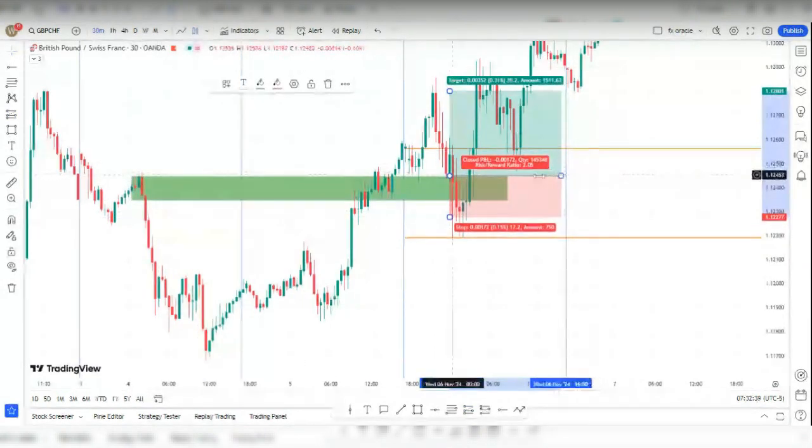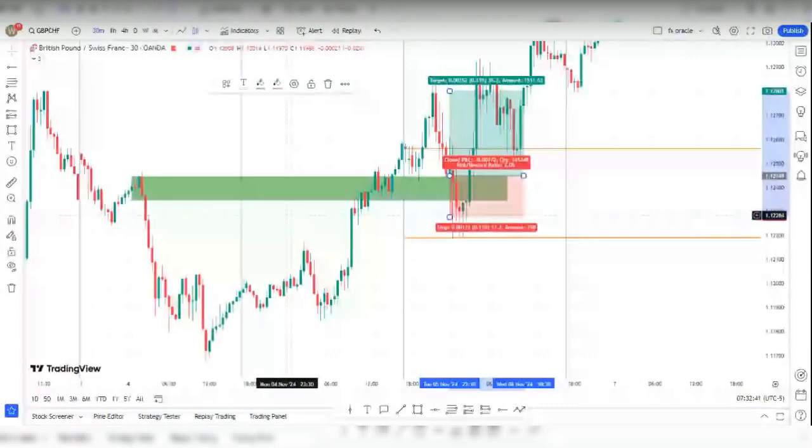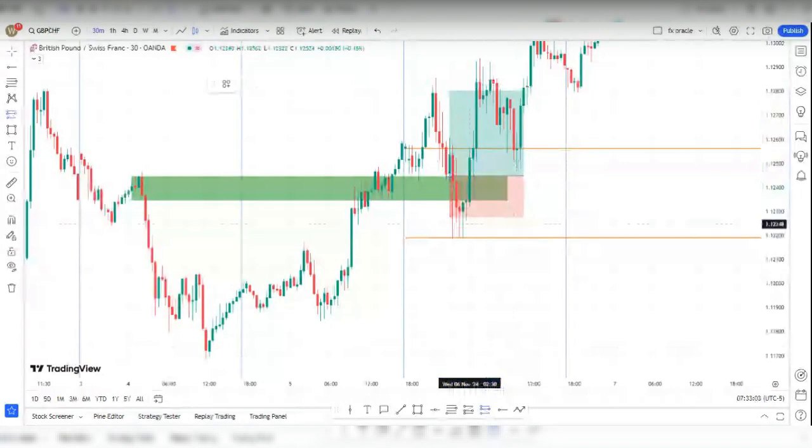Now, some say, okay, this might just be a fake out. They just ran out. Once they come back and close below this low, I'm going to put a sell stop below, so that in case they want to go down, they should just trigger me and continue going down. So some people put the sell stop here, thinking that the market is selling.